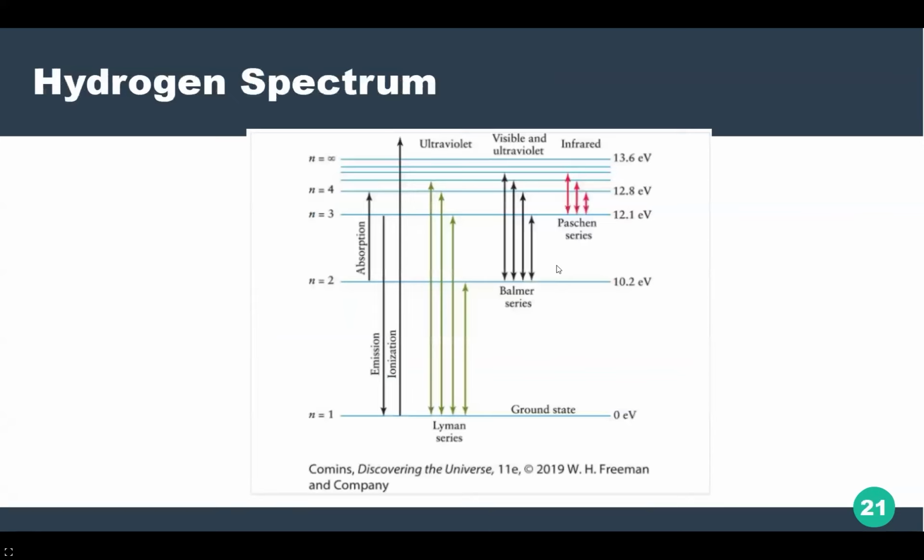So, for example, you have the Lyman series in the middle, written in green, which tells you which frequencies or wavelengths of light are allowed, because you move from n equals 1, which is the lowest energy level or the ground state, to n equals 2 or n equals 3 or n equals 4.